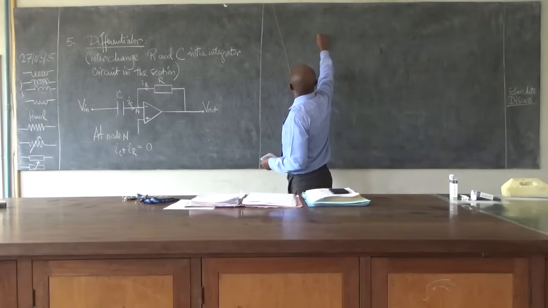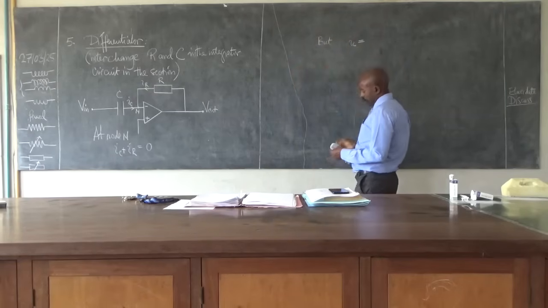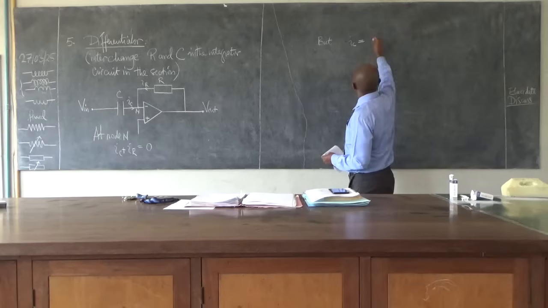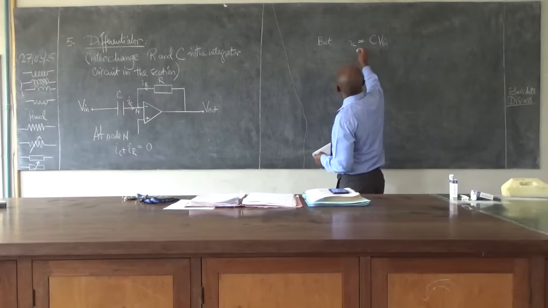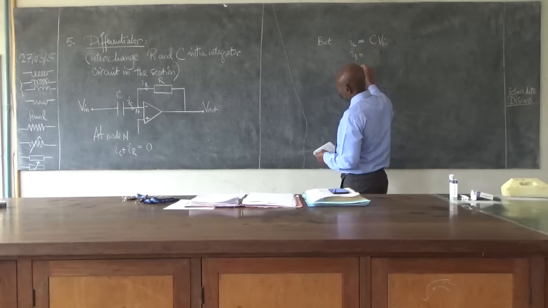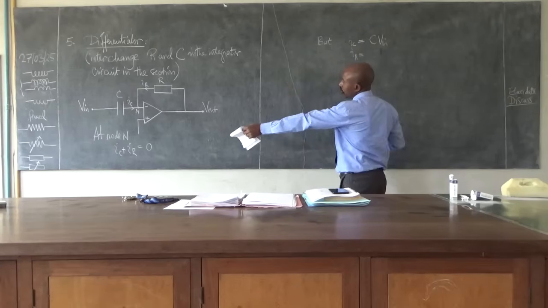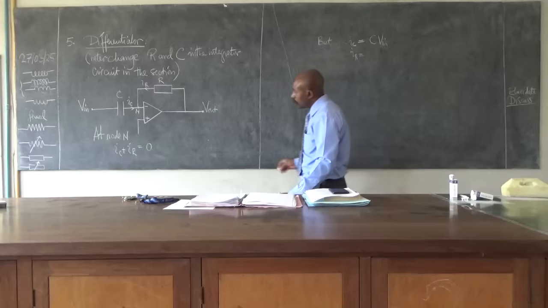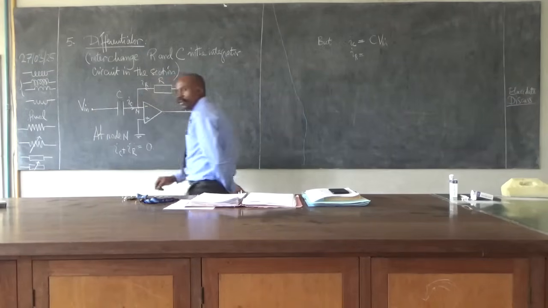But the current through the capacitor is the same as C V in, and the current through the resistor is V out minus Vn, where Vn is equal to Vp, which is 0 because it is grounded.